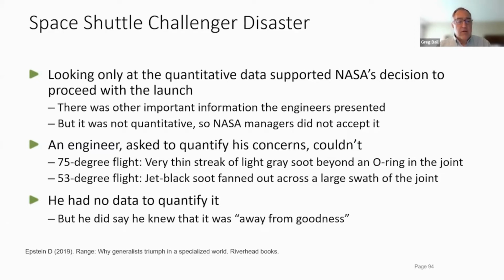And all he could describe was that in the higher temperature, there was a very thin streak of light gray soot beyond an O-ring in the joint. In the colder temperature, there was jet black soot fanned out across a large swath of the joint, but he couldn't quantify it. So they didn't use this information, and you know what happened. Next slide, please.